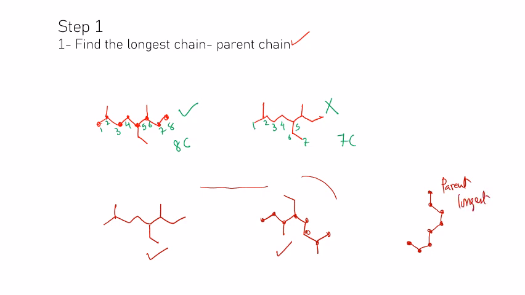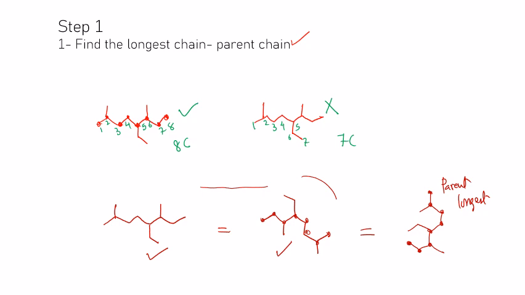So that's a trick you can use: without lifting the pen, if you can draw it, that's the longest chain. And you should have the maximum number of carbons in it. I can draw the branches to make it the same as the previous molecule. So this one is the same as this one. All right. So that's the first step we have to do.